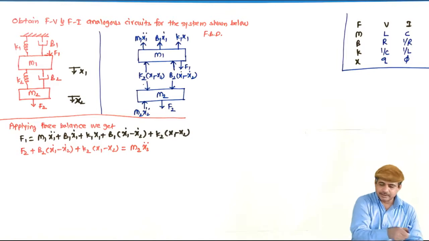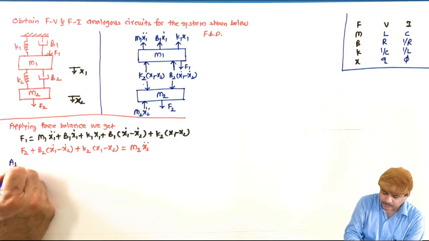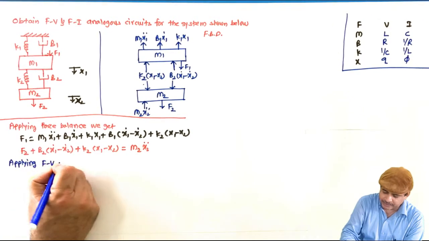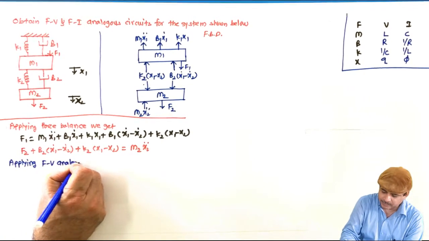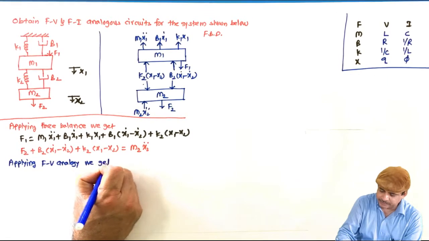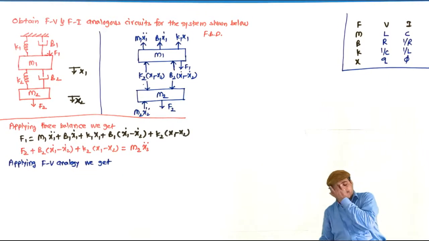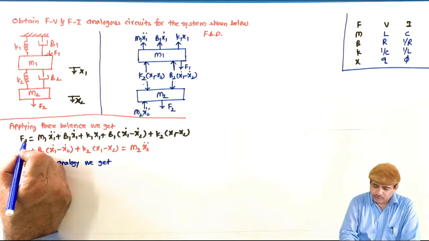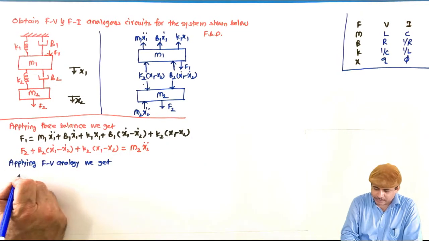And let us now apply the F to V analogy. We will apply F to V and F to I at once, and then we will draw the circuits. So here F1 will be V1.